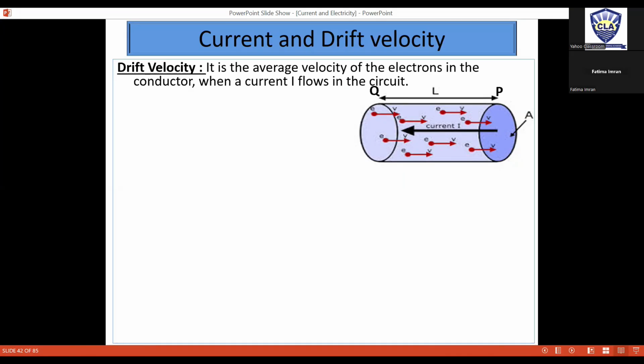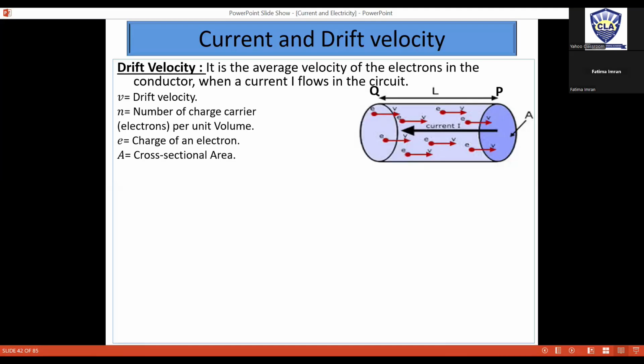Now, if you observe that if I choose one of the electrons that is just below Q, and all the electrons are in front of it, they all are moving the same velocity. Let us assume the distance from Q to P is L, and this electron which is underneath the Q covers the whole distance L in T seconds.